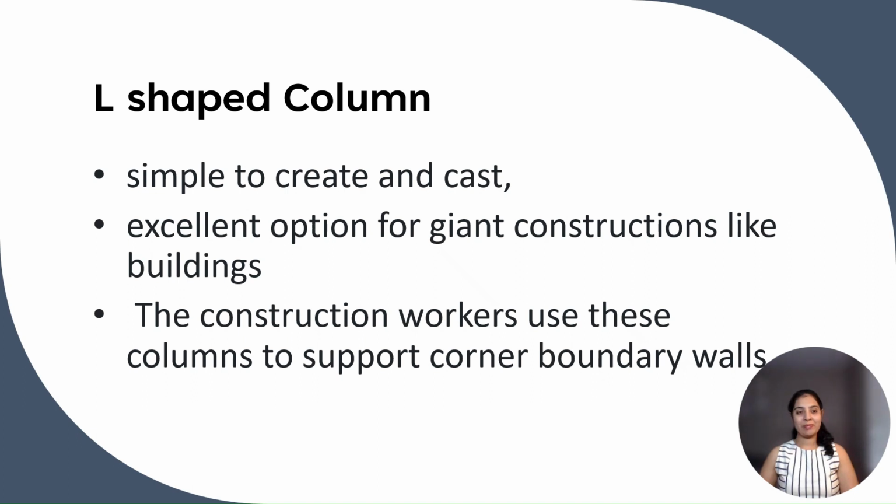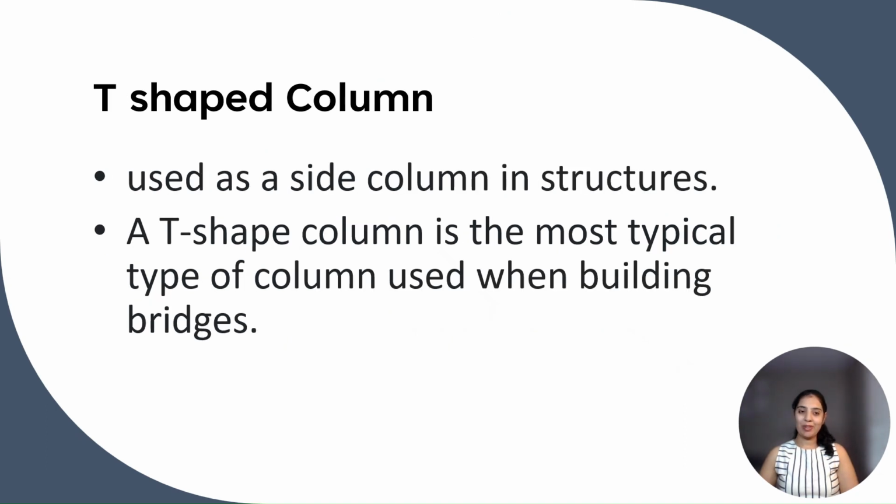L-shaped column. These are simple to create and cast, and these are excellent option for giant constructions and buildings. And workers use these columns to support corner building wall. T-shaped column.